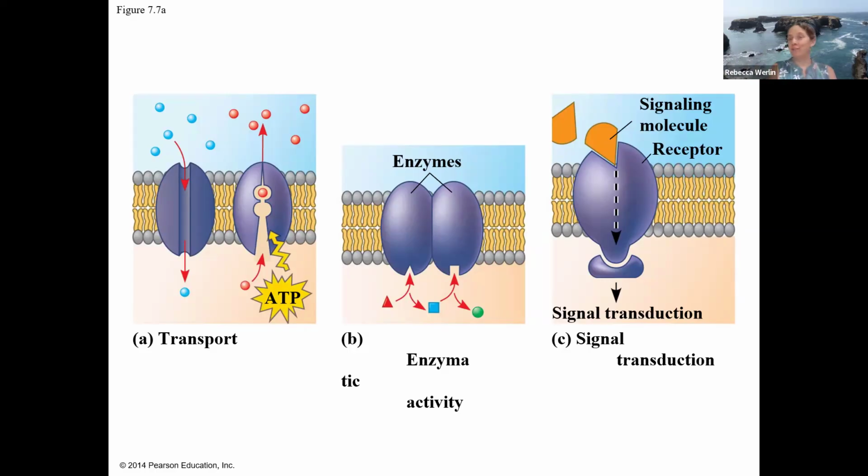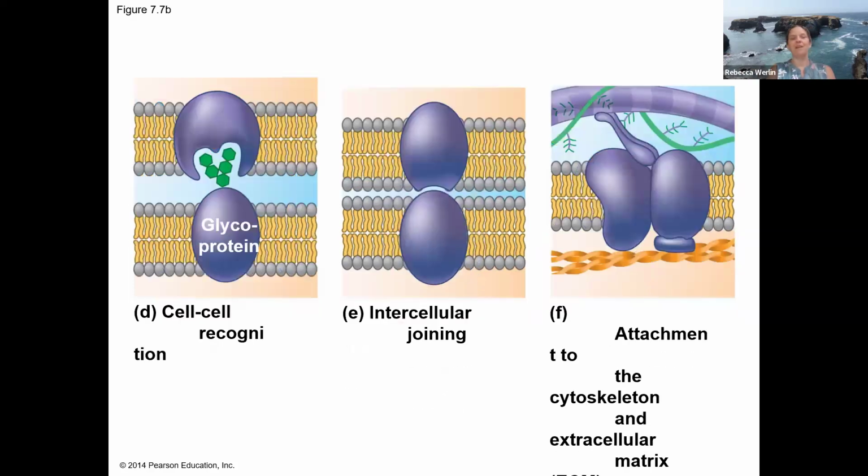Other jobs proteins do in cell membranes is receive signals. Insulin is a protein we make. We circulate it through our body. Our cells receive the insulin through a protein receptor in the plasma membrane. Cell recognition: when we have our immune system checking for infection, we use proteins to do that.